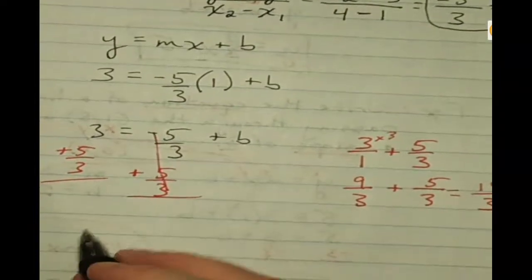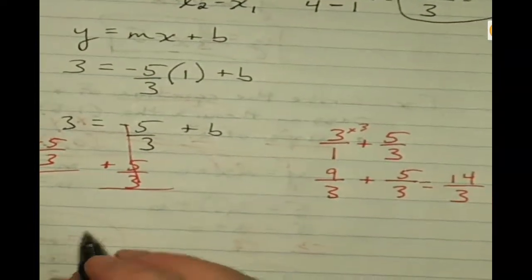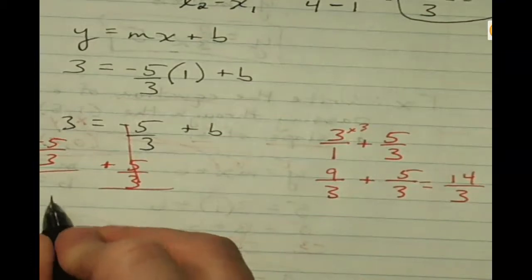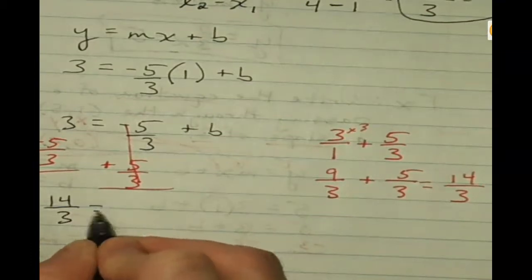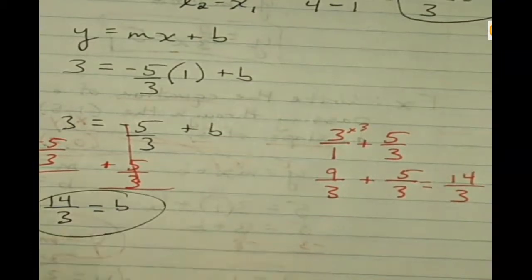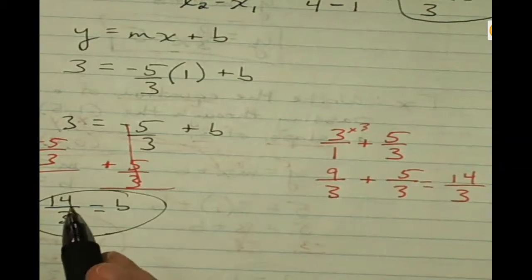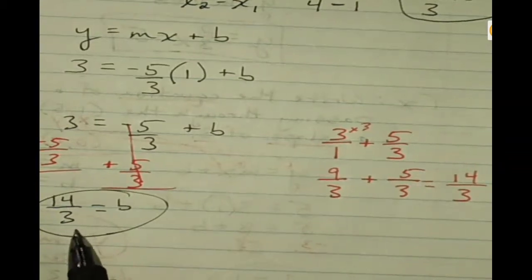So my y-intercept is 14 over 3. Wouldn't that be fun to graph? If ever you have an improper fraction for your y-intercept, change it to a mixed number. Makes it a little bit easier.